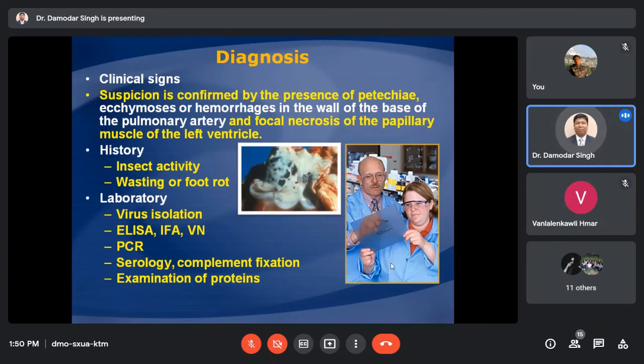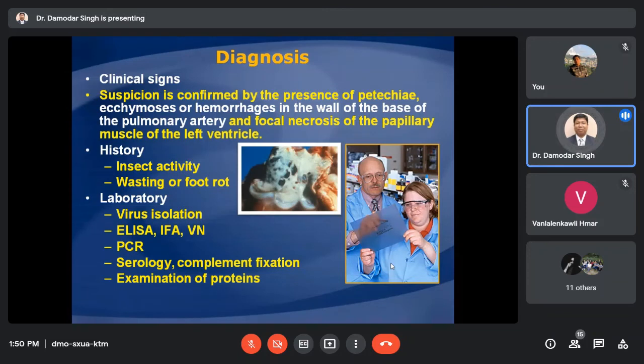And finally, diagnosis can be based on the clinical signs of the disease. But one thing is that you can have a suspicion of this disease from those clinical signs and symptoms.